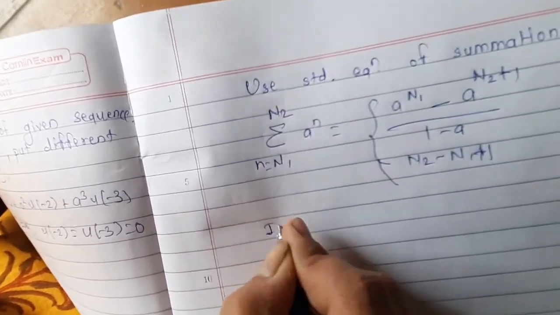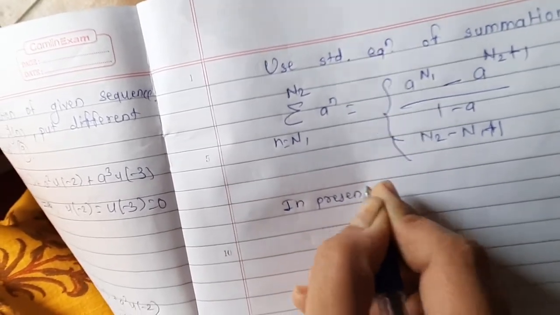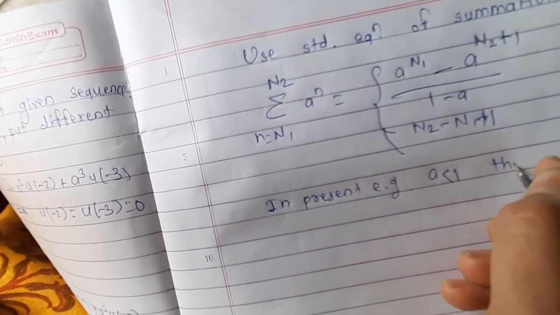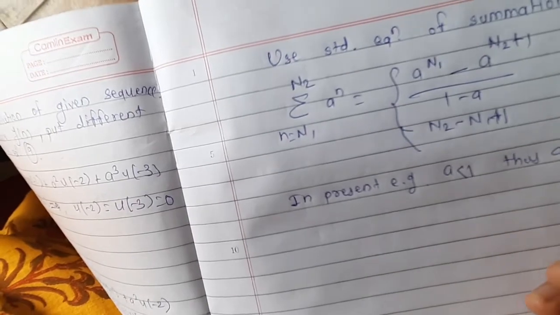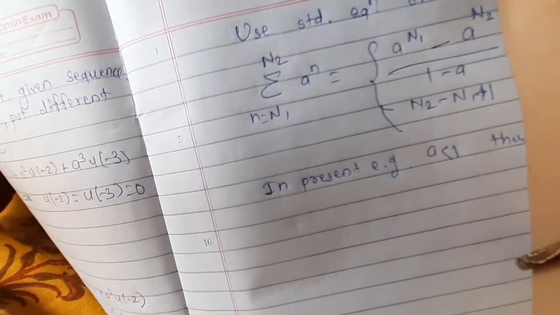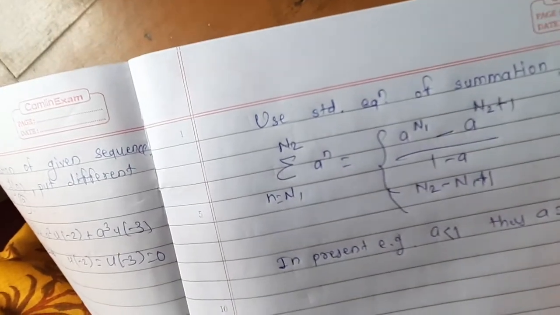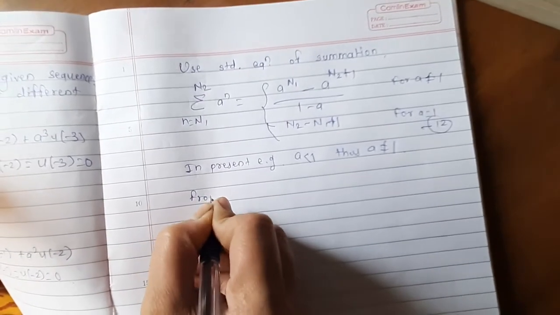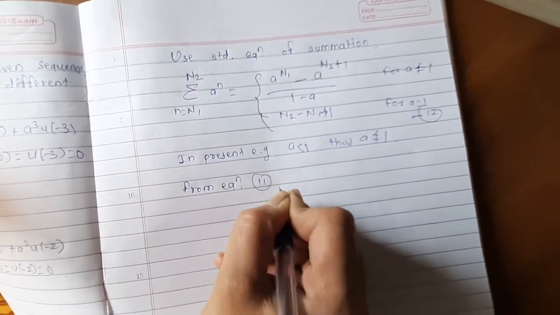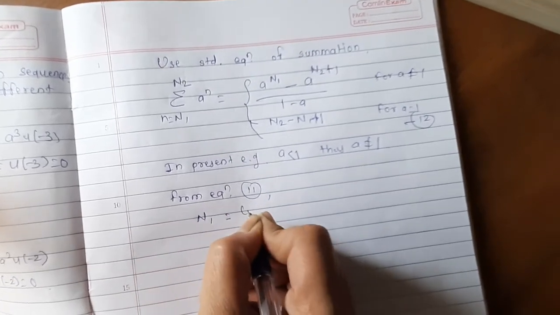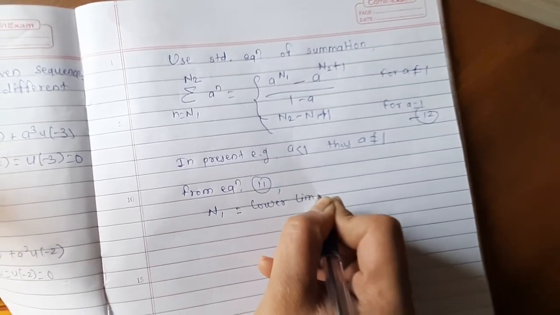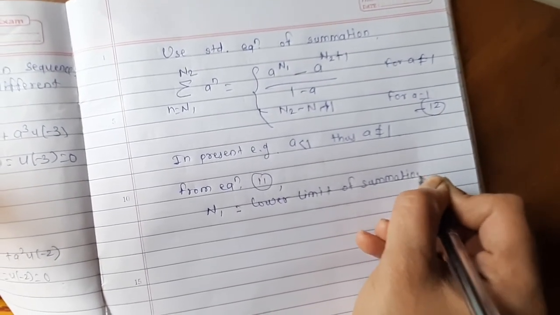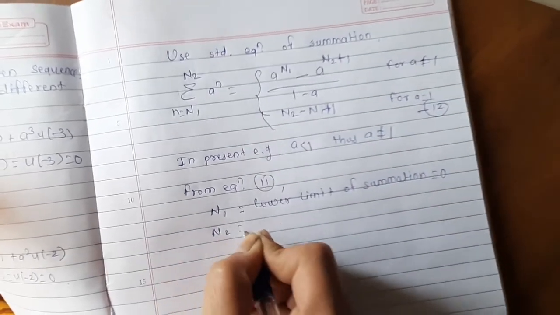Now in the present example, from equation 11, what is n1? n1 is the lower limit of summation, which is 0, and what is n2?